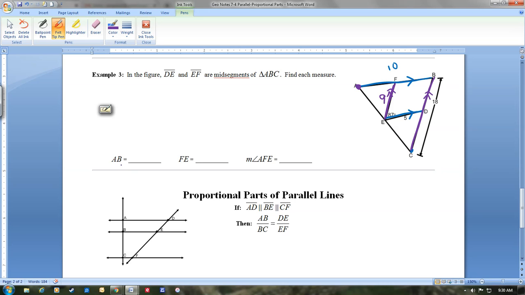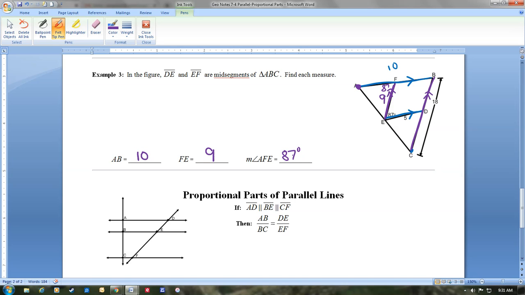So AB's length is 10, FE's length is 9, and the measure of angle AFE, those are alternate interior angles with the parallel lines and the purple transversal, so it's 87 degrees. Hopefully you felt like this was a pretty easy problem based on knowing your midsegment of a trapezoid.